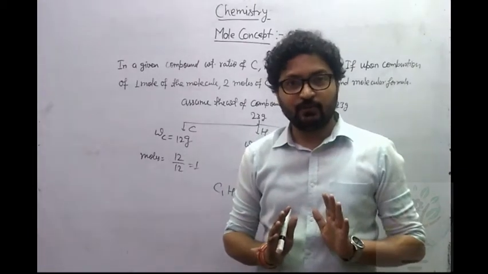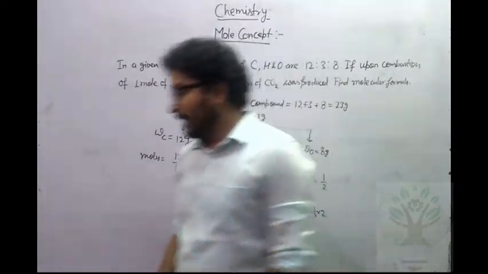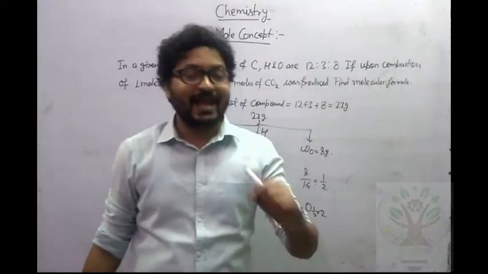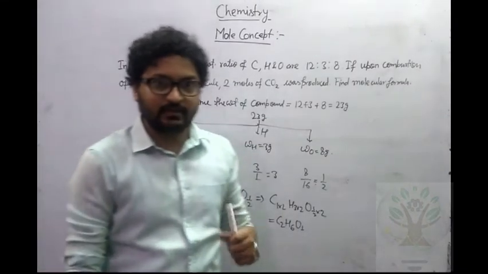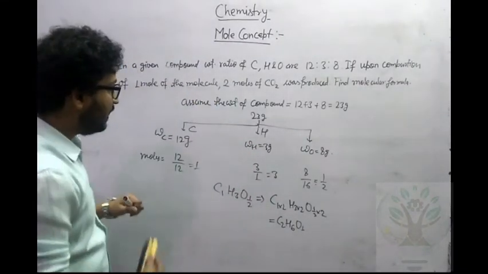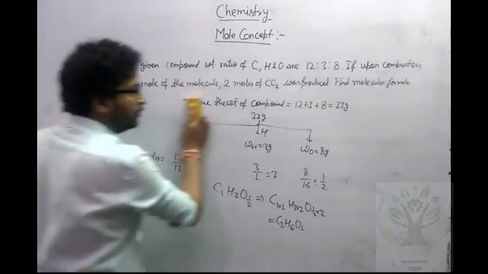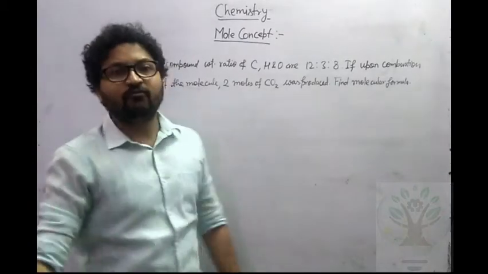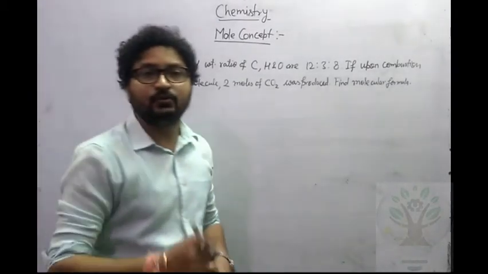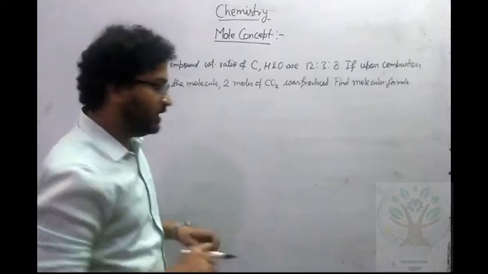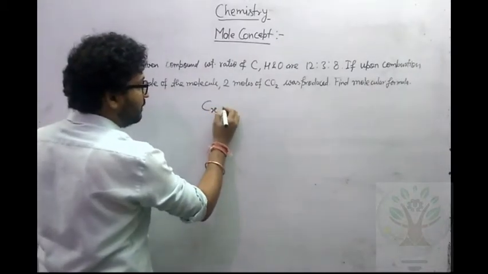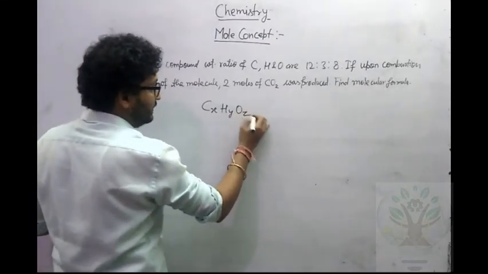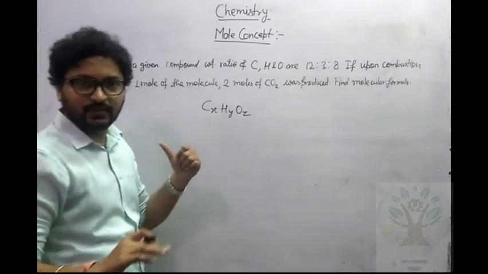Okay, I hope you have found the empirical formula on your own. Now they have given information regarding N. Let's see if you can utilize that. What they are saying is, if I do the combustion of 1 mole of the compound, it gives me 2 moles of CO2. Suppose the formula of my compound is CXHYOZ, whatever the molecular formula is.